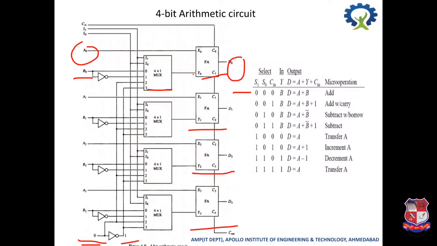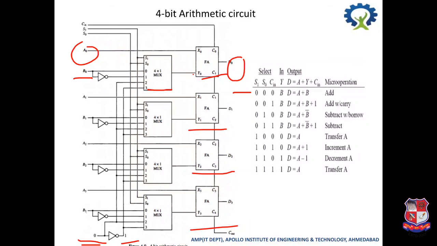So whenever S1 S0 is 0 1 and carry input is 0, the output of the full adder is A plus complement of B, meaning the subtraction operation will be performed. Whenever S1 and S0 is 0 1, meaning the first input line is selected, and carry input is 1, then A plus complement of B plus 1, meaning subtraction using 2's complement, will be performed.